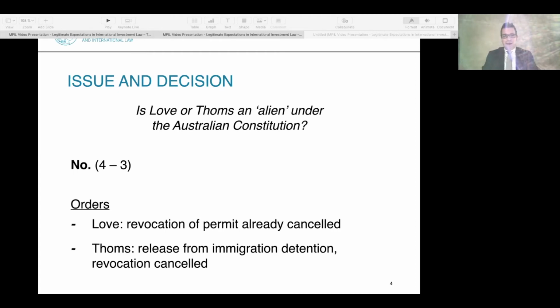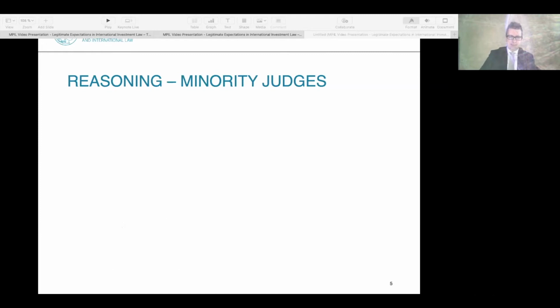After Mr. Thoms served his time in prison, he had to go to immigration detention, which is fairly similar to a prison. He stayed there for about 500 days until the High Court handed down the decision and the revocation of his residence permit was cancelled. So that's the outcome there. We need to understand the reasoning, though.